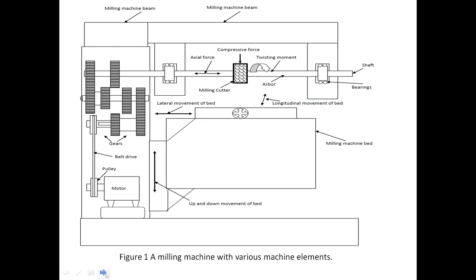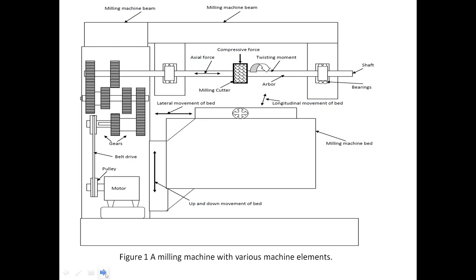And this belt transmission system in turn is connected to a gear transmission system where a few gears are integrated. An intermediate shaft is also provided between the input and output shafts of the gearbox. The output shaft in turn is connected to the arbor, which is supported at both ends with bearings.